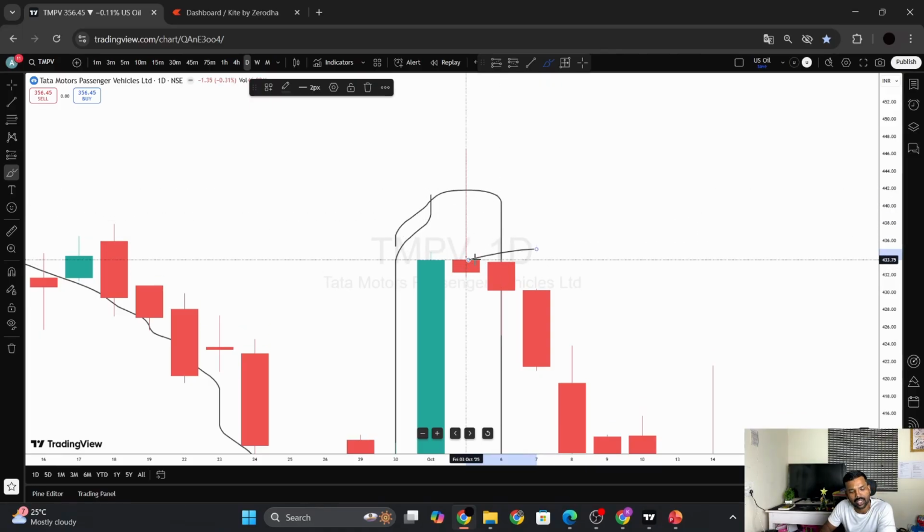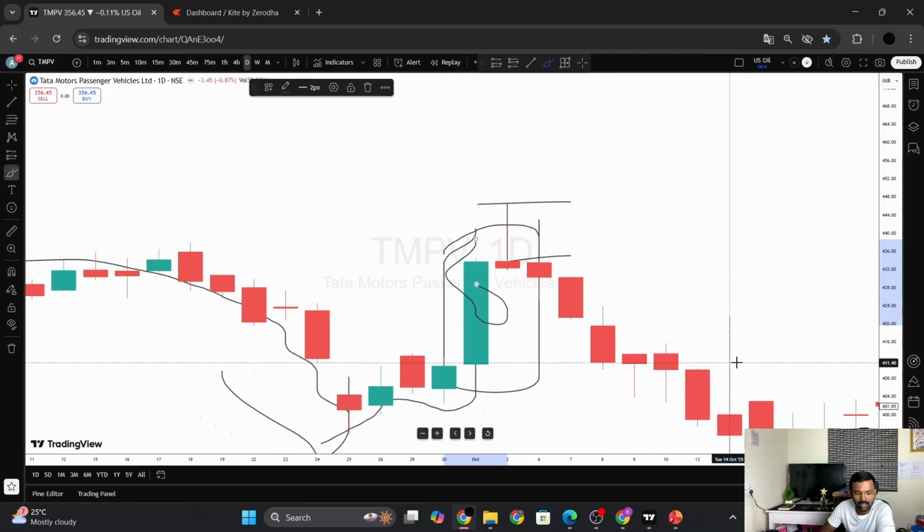It started here and the price tried to move up to this place, but it came back again, came down and closed here. So this is a bearish candle. Green is a bullish candle, this is a bearish candle.